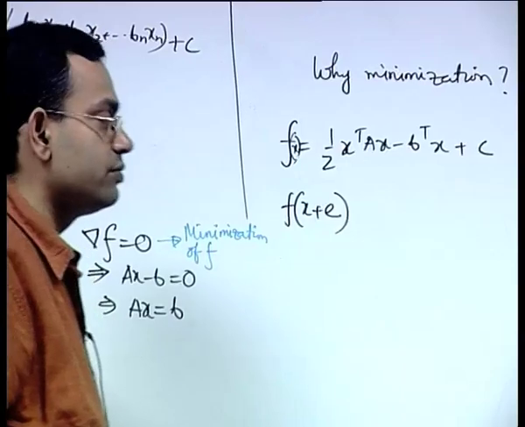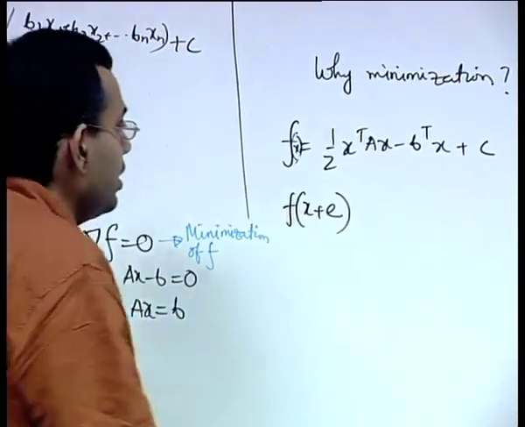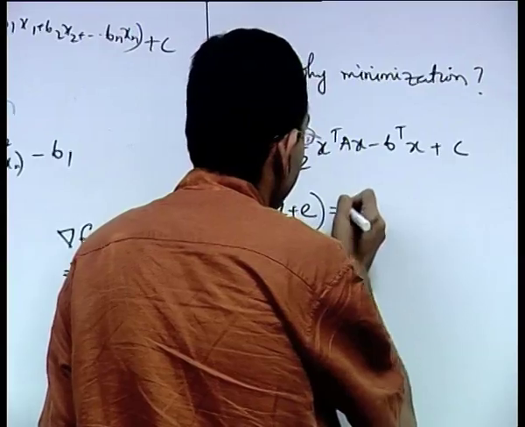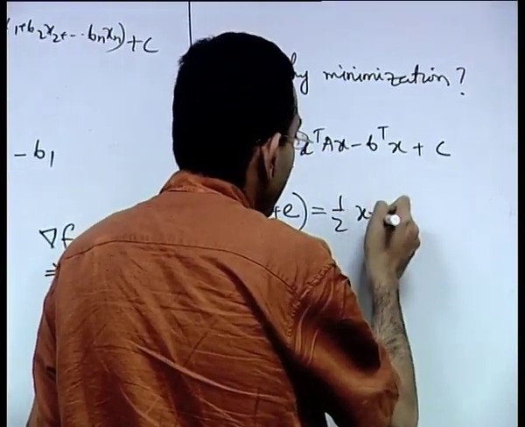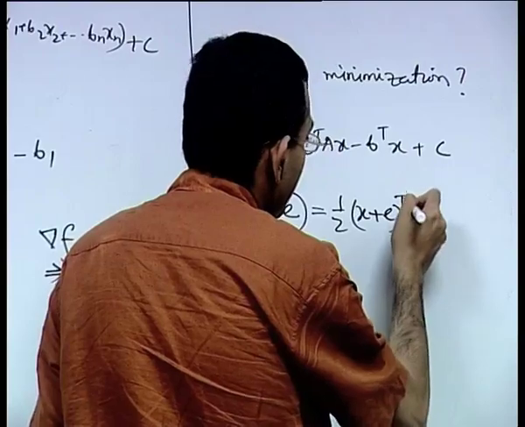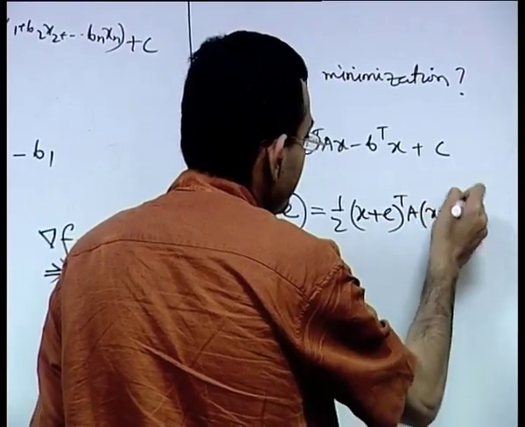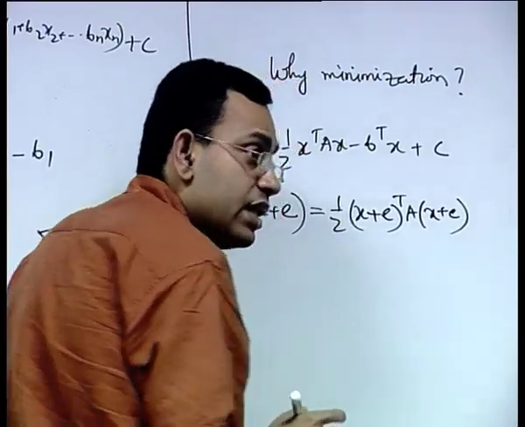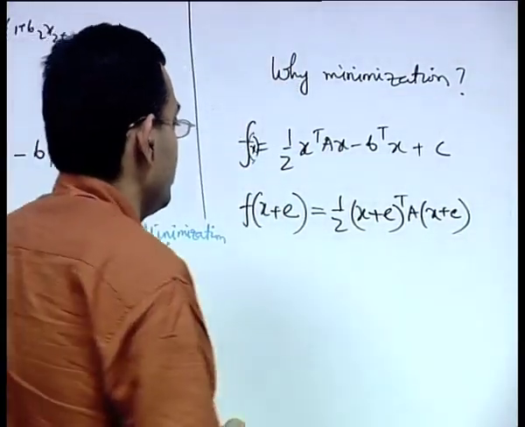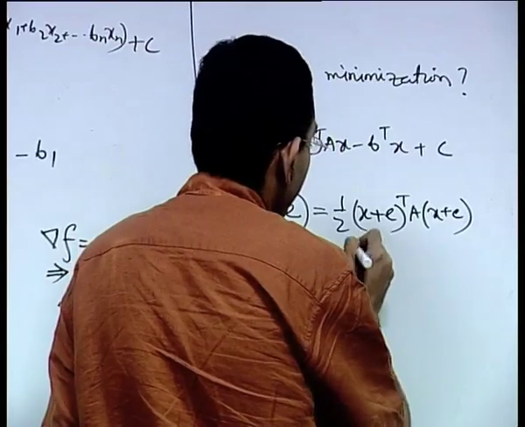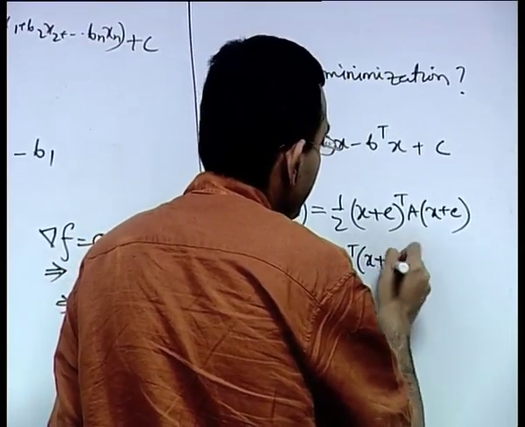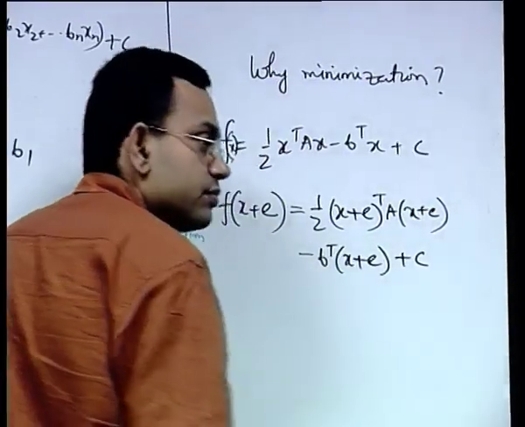Okay. So let us write what is f of x plus E. This is half of x plus E transpose A x plus E. Remember, E is any arbitrary vector, minus B transpose x plus E plus C.